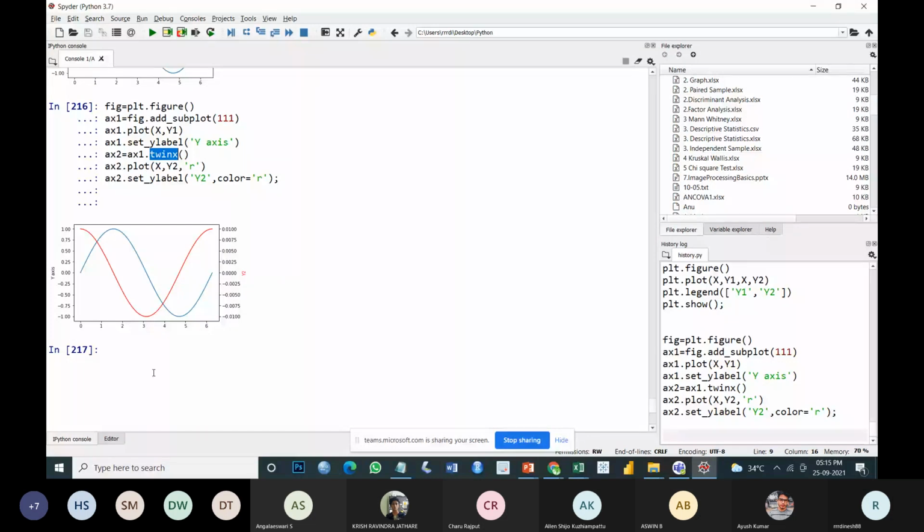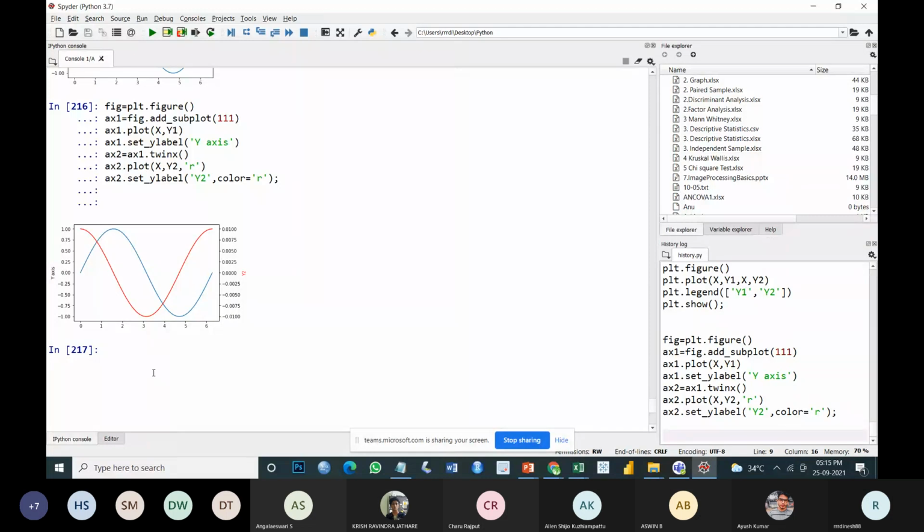Two y-axes sharing a common x-axis is a dual axis graph.